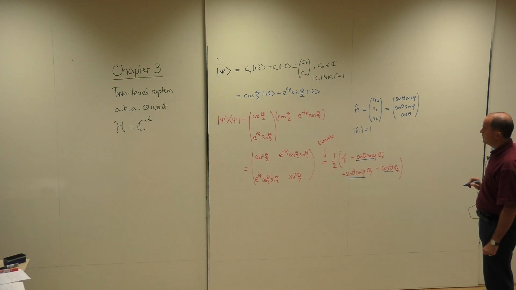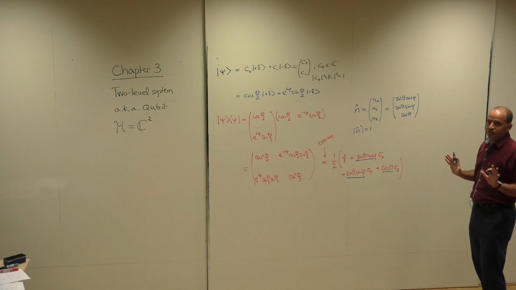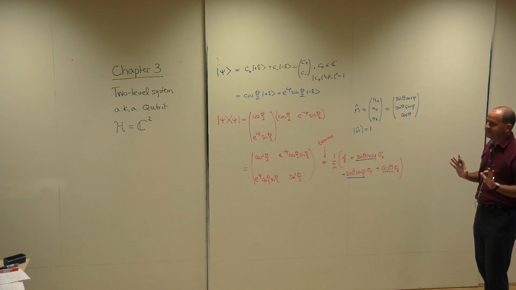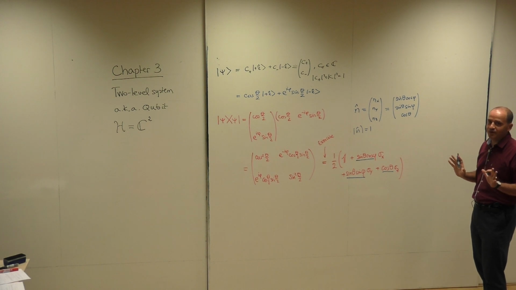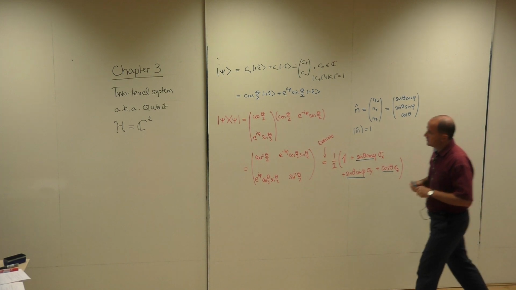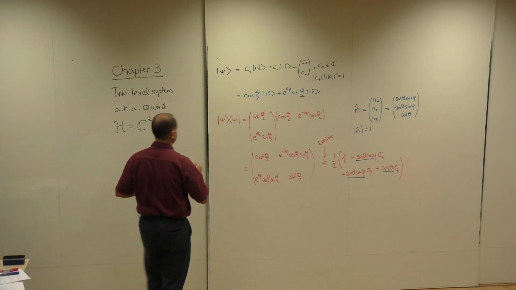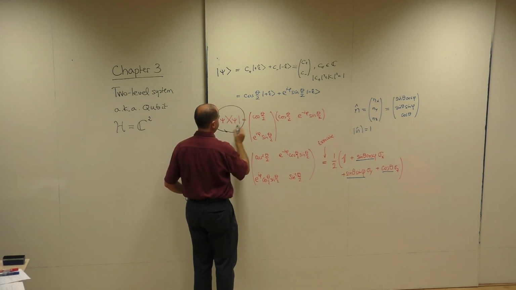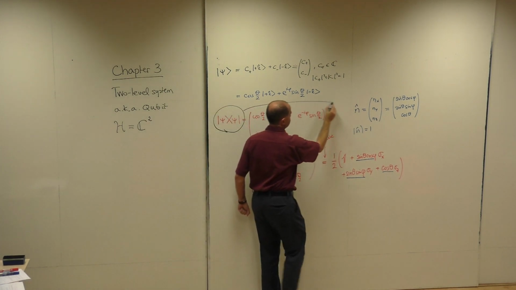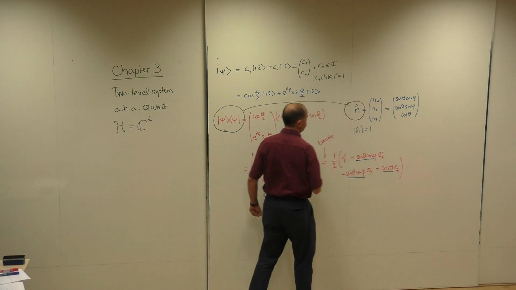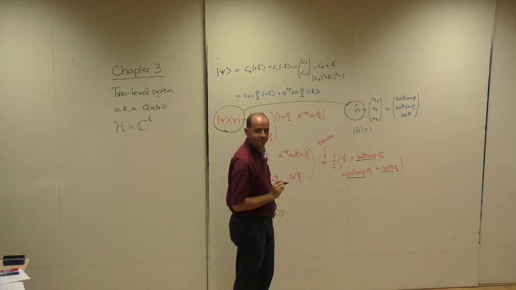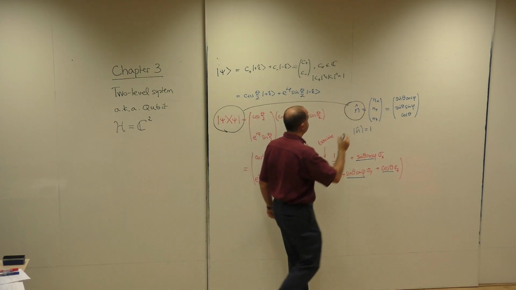So what have we found? First I will tell you what we have found, then I will write it in a more compact way that sometimes people get a bit scared of. But we have found that a pure state is labeled by a unit vector in R3. Let me say it again.